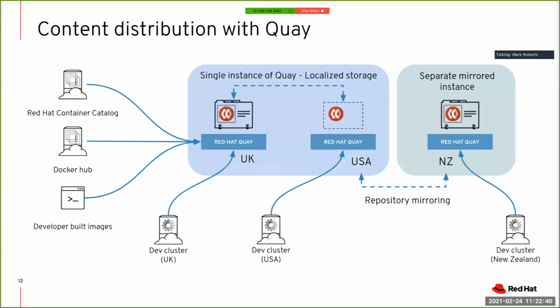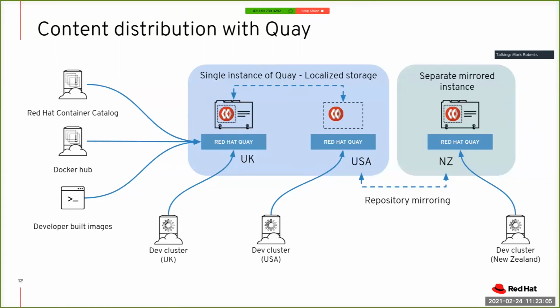So now let's look at content distribution within Quay. This shows two separate instances there in those big colored boxes at the top. So we have a single instance of Quay, but we have localized storage. Our Quay master database and the image repository there is stored within the UK. So that's in that Quay instance there.